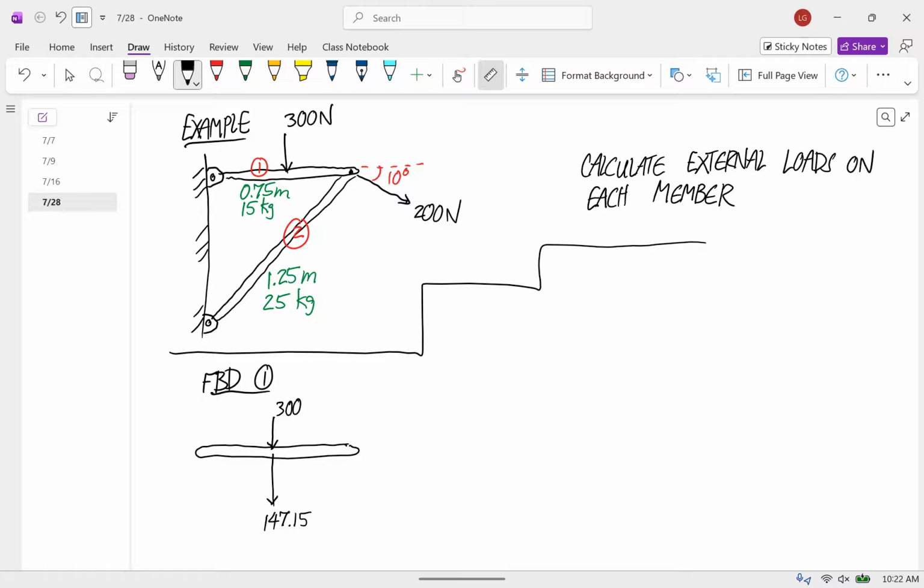Okay, so the lowest numbered member at that joint, the pin joint in the upper right, is the one we're doing here. So I'm going to apply that 200 here. And when we get to the next body, I'm not going to put it on the other body. Okay? Any questions about that?